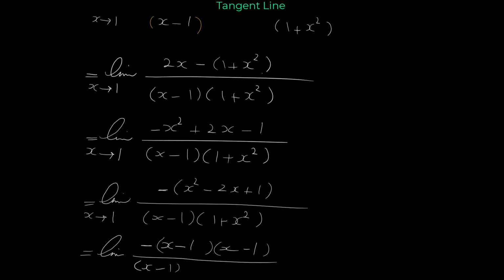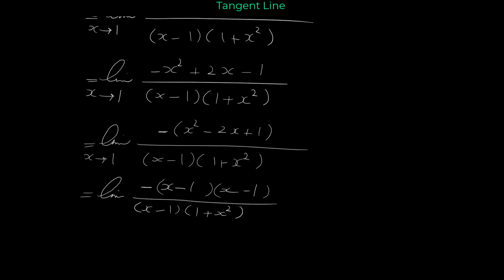x minus 1 times 1 plus x squared, the x minus 1 from the numerator and the x minus 1 from the denominator cancel, and then we have the limit of negative x minus 1 over 1 plus x squared as x approaches 1.